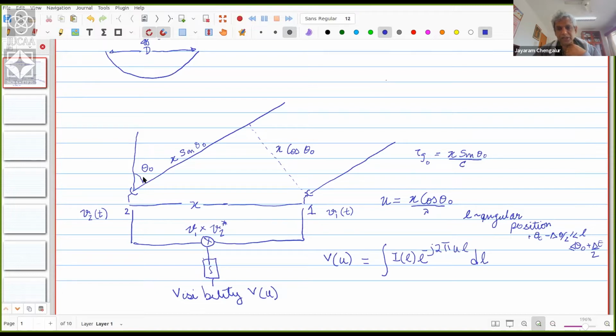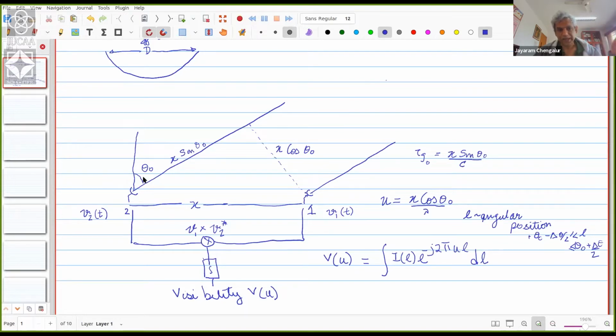So that correction term that we just saw, e raised to the power of j 2 pi nu tau g naught, which I have to multiply the visibility by, which is called delay tracking, will have to be changed all the time.